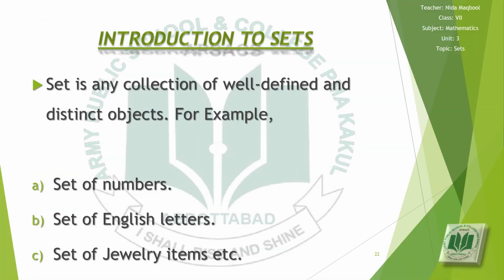Now let's define what is a set. A set is any collection of well-defined and distinct objects. For example, set of numbers like set of prime numbers, set of natural numbers, set of whole numbers, or set of English letters, commonly known as the alphabets, or set of jewelry items, set of crockery items, set of musical instruments, etc. In everyday life, we often encounter a collection of objects such as a pile of books, a bunch of keys, a team of players, and a school of dolphins.